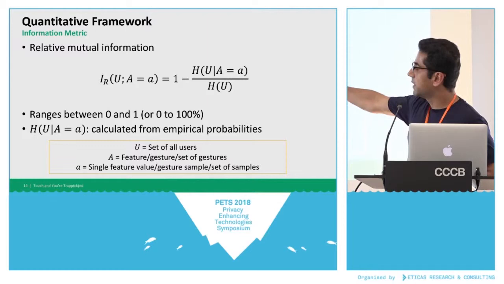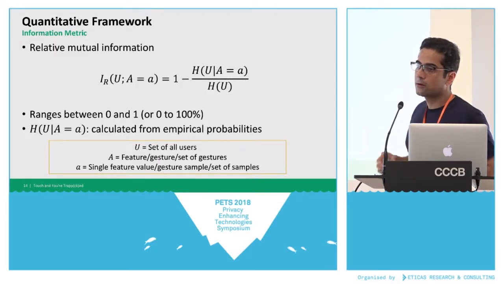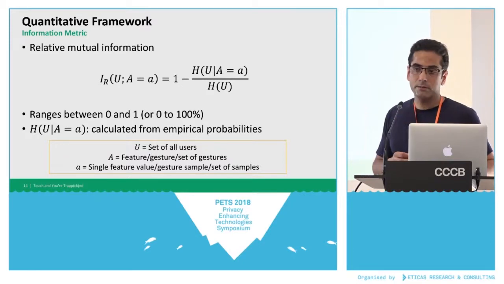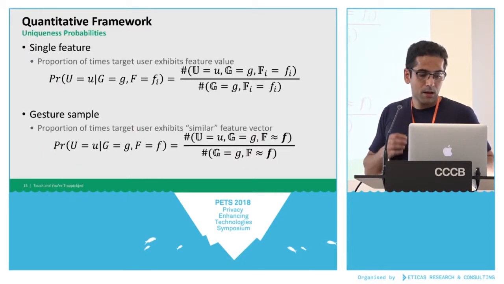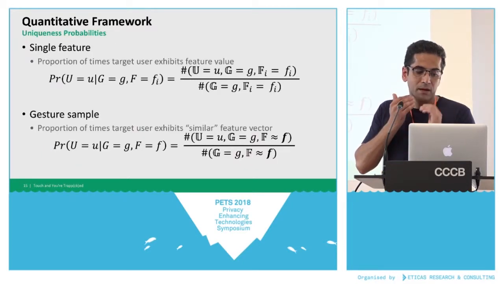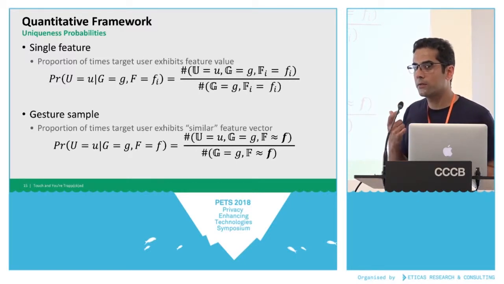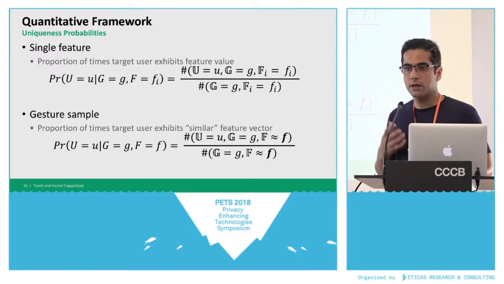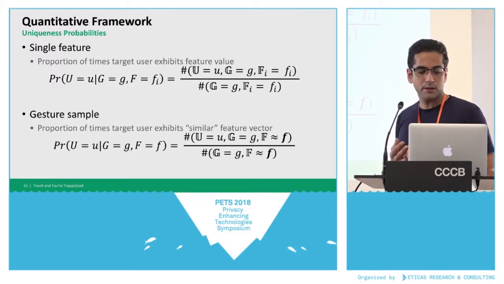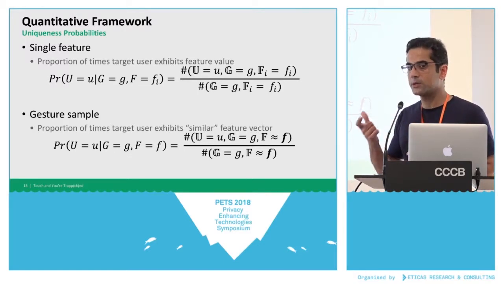So this conditional entropy is actually calculated from the empirical probabilities from our data set. So for the single feature, we find out the proportion of times a target user is likely to exhibit a particular feature value.